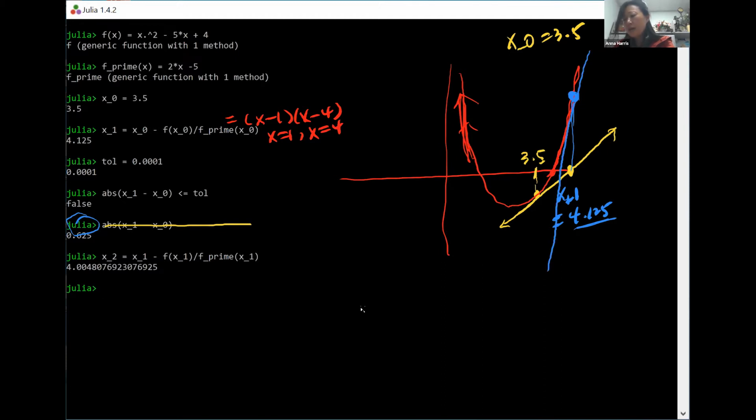Okay, and so I found a new number right here. This new number right here is x2, which is equal to 4.0048.